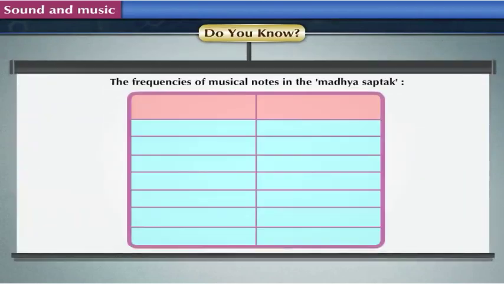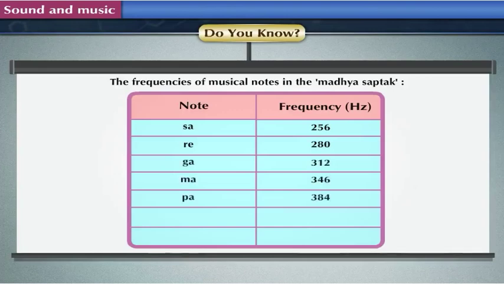Do you know the frequencies of musical notes sa, re, ga, ma, pa, dha, ni in the Madhya Saptak? They are shown in this table. The frequency of musical note sa is 256 Hz. The frequency of re is 280 Hz.